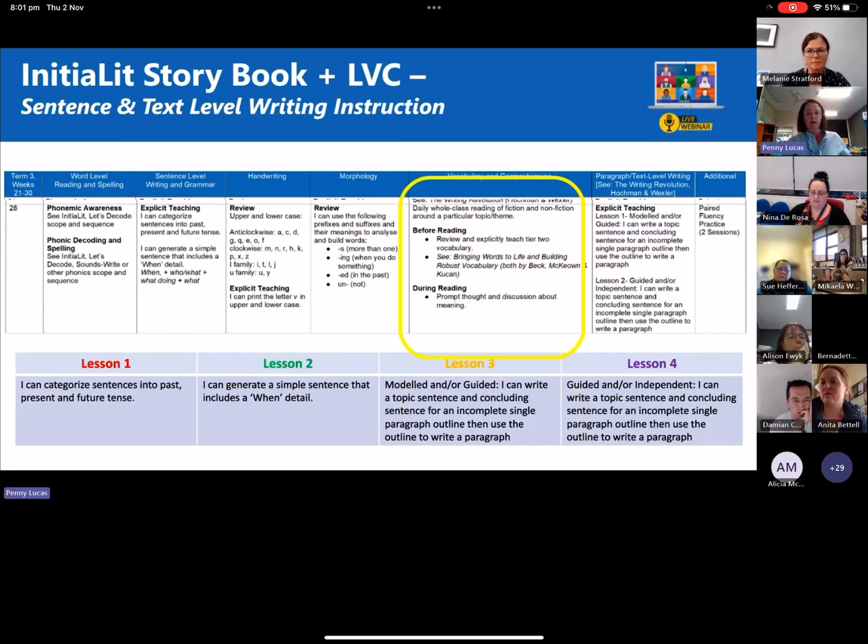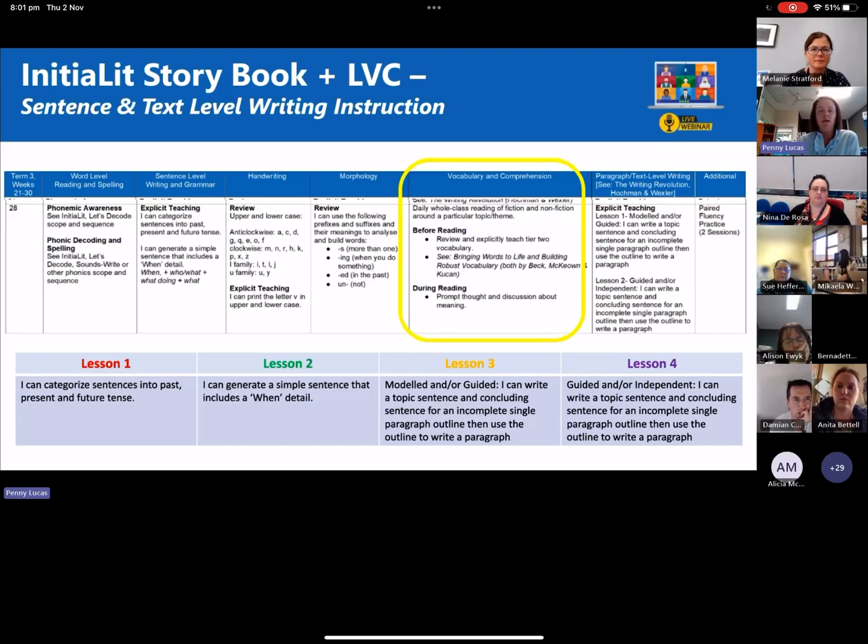So then that vocab and comprehension is covered in those first 3 days. And I talked about using the before the story, during the story, after the story, talk about the story. So all those first couple of sessions are from the Initial Lit manual. And then with my vocab, I turn those words into slides.